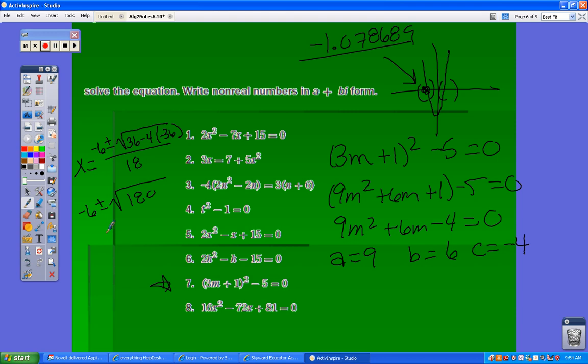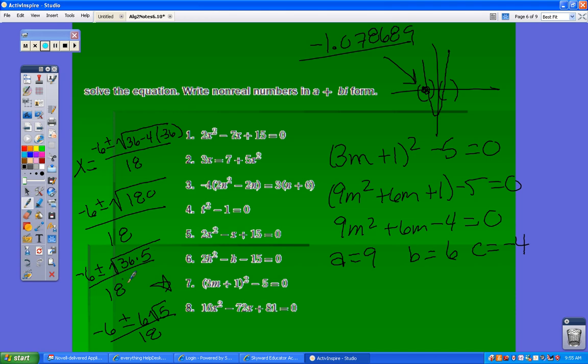Yep, okay, all over 18. Okay, 180 can be broken down. Negative 6 plus or minus the square root of, let's change this to 36 times 5, all over 18. Negative 6 plus or minus the square root of 36 is 6 root 5, all over 18.